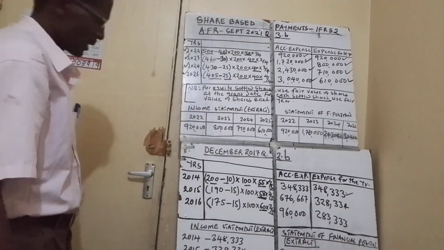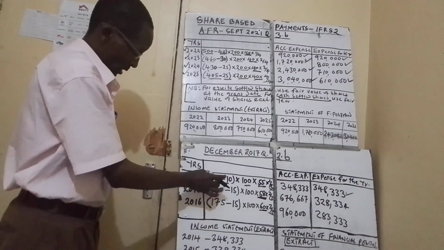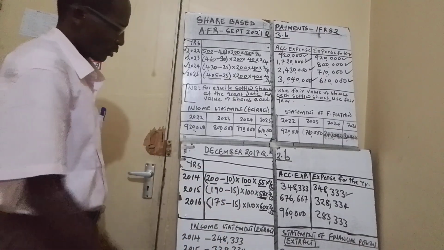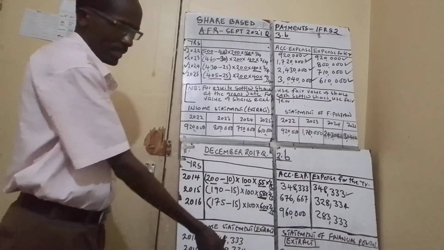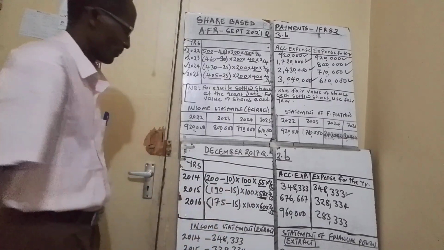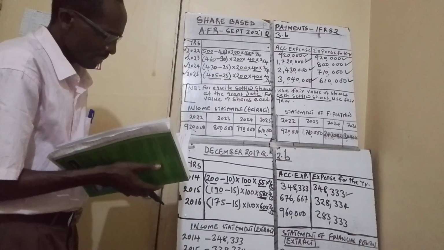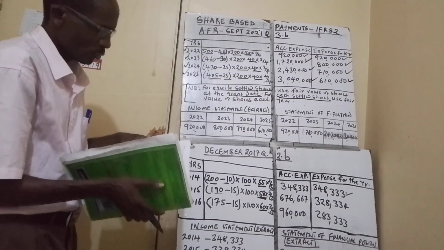When we go to the year 2015, in the first year 10 employees left, so we were left with 200 minus 10, which is 190. In 2015, 15 employees are expected to leave.